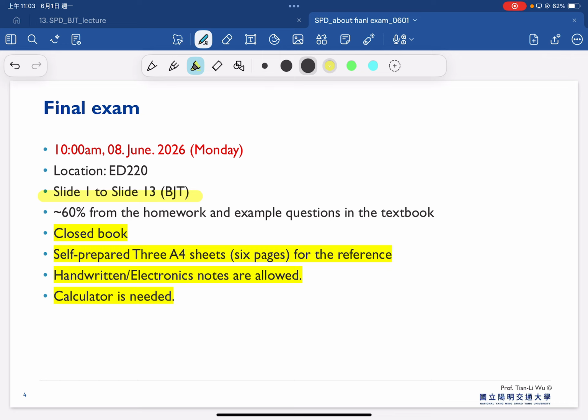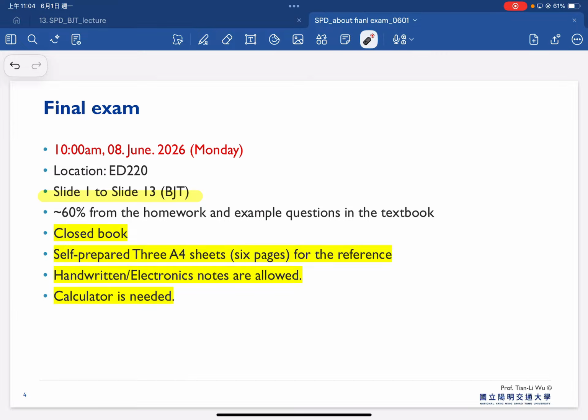Although you can prepare the A4 paper for your reference, from the experience of the midterm, you should still be very familiar with everything, because otherwise you won't have the time. The time is still limited, from 10 to 11:30 a.m. You are allowed to bring handwritten notes, or if you want to bring electronic notes, that's fine with me.